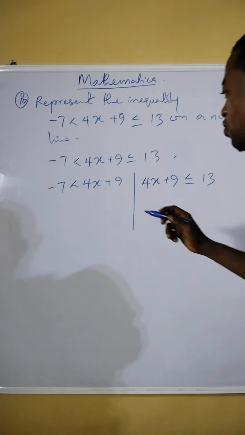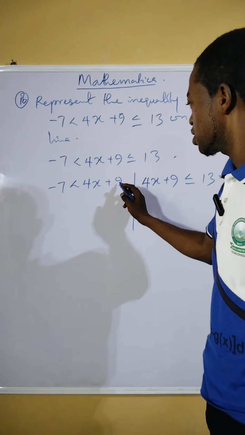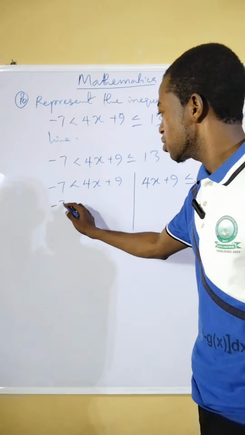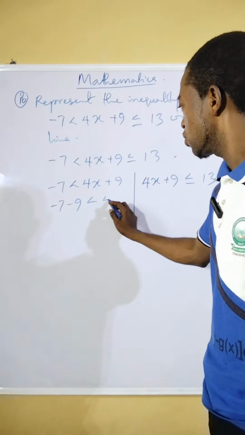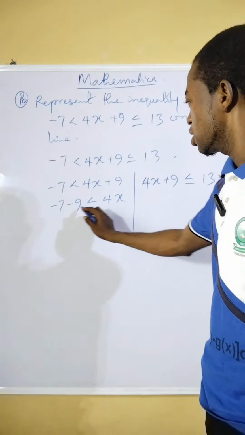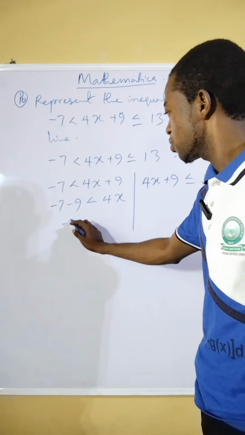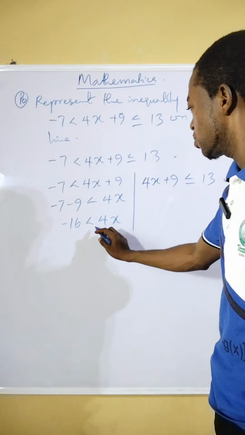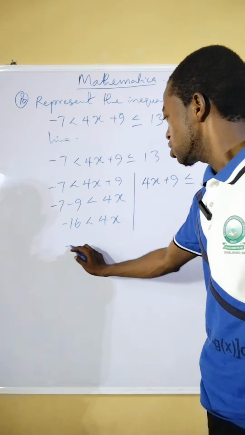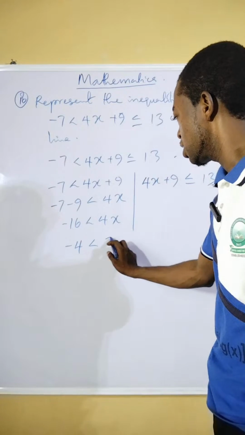So when we solve from here, we take 9 to this side, we have -7 minus 9 less than 4x. Then -7 minus 9, that's -16 less than 4x. So divide both sides by 4. This becomes -4 less than x.